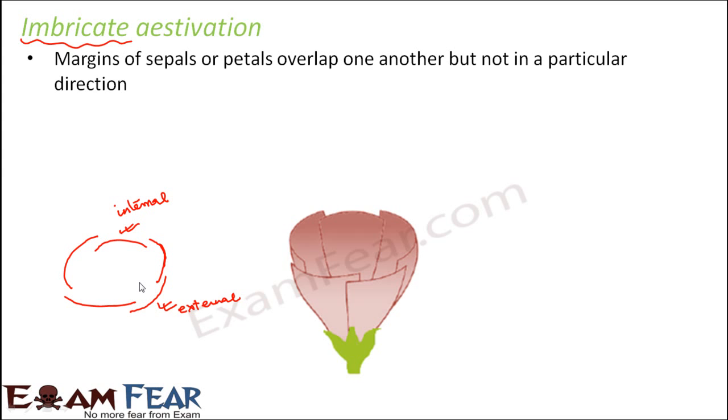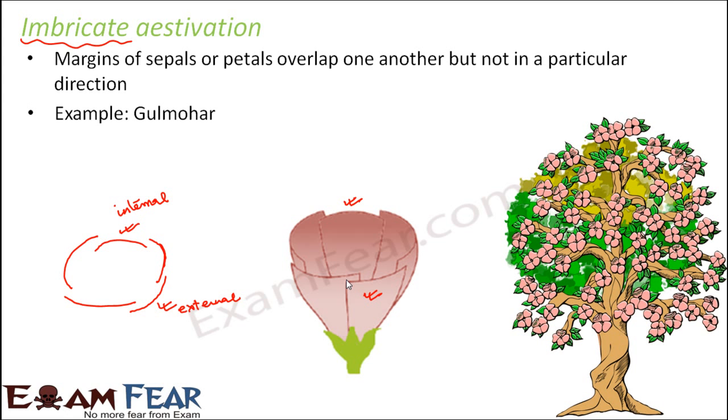So imbricate aestivation consists of internal and external petals. So if you look at this flower, you can see this one is an internal petal. See, this is overlapped on both the margins, whereas this one is an external because it is overlapping the neighbors on both the margins. So example of this kind of aestivation is the gulmohar flower.